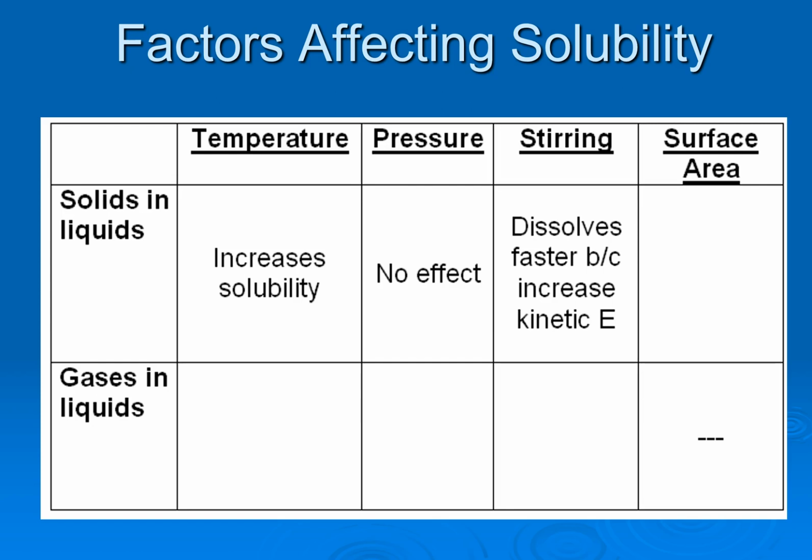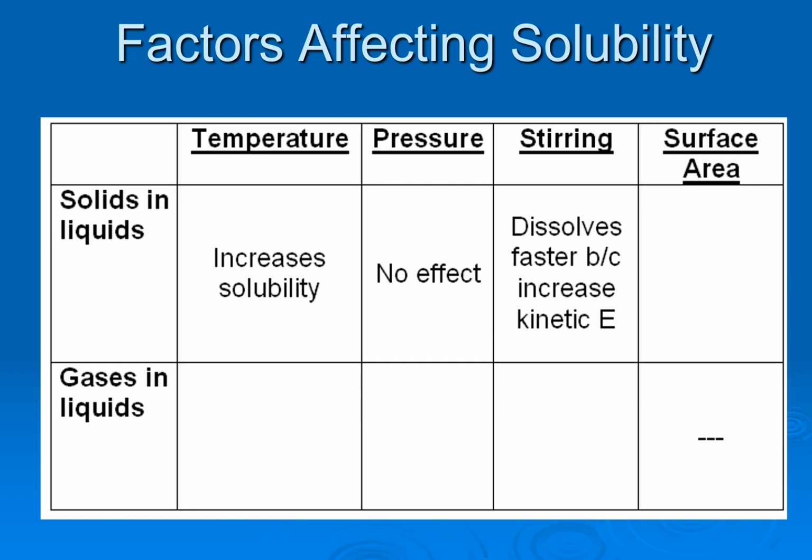But another thing that I know you've seen in your life already is that stirring makes dissolving happen faster. If you were to just make Kool-Aid and dump the sugar packet into the water and then just leave it there, you're going to be waiting a long time for those sugar molecules to dissolve. So naturally, we all start stirring to make the process happen faster.